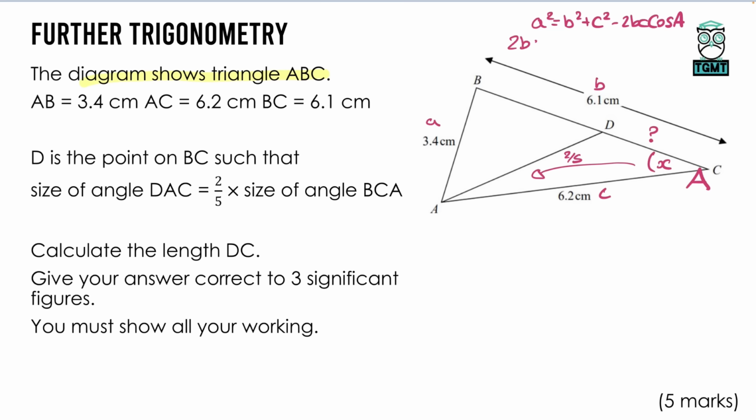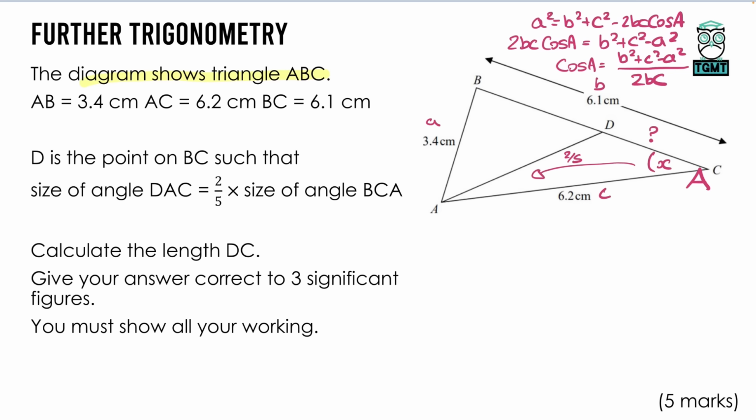So I end up with 2bc cos A is equal to b squared plus c squared minus a squared. I can then divide by 2bc and I get my formula cos A is equal to b squared plus c squared minus a squared all over 2bc. Now it's up to you whether you rearrange it or whether you just learn the formula outright. Doesn't really matter either way.